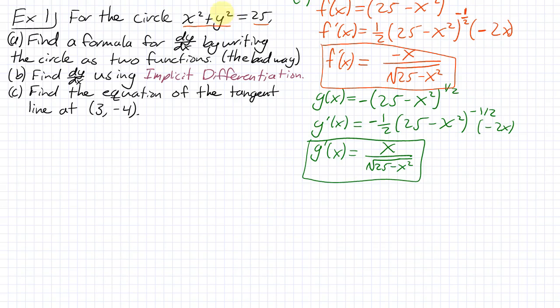I'm going to take this equation, and I'm going to take the function on the left side, which should always be equal to 25, and just take the derivative of it, like so.